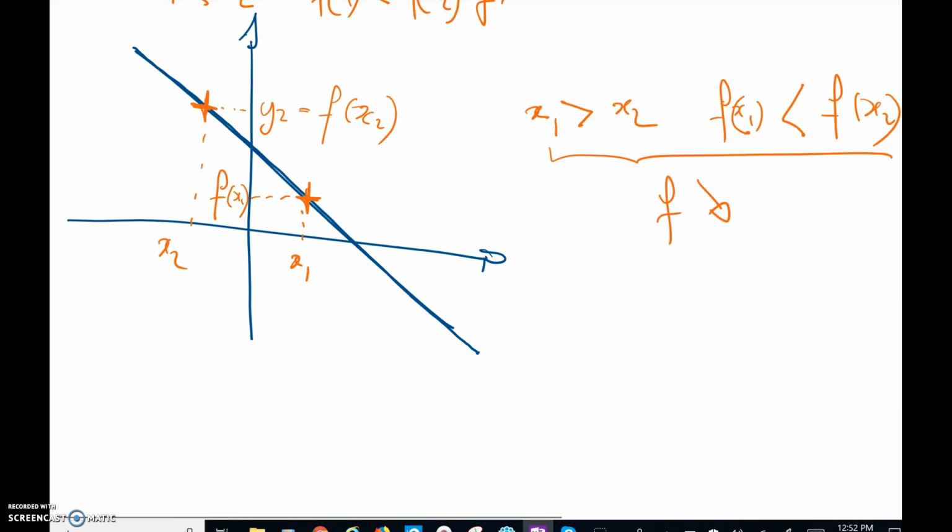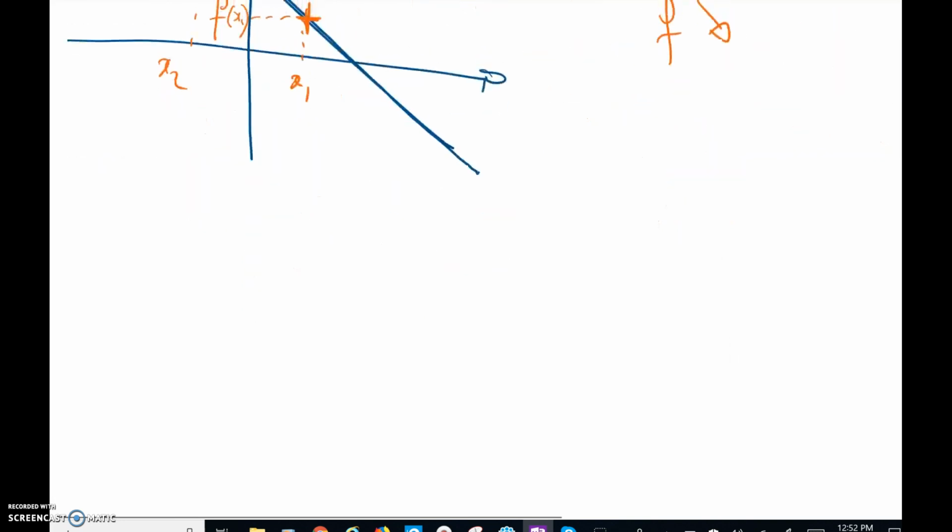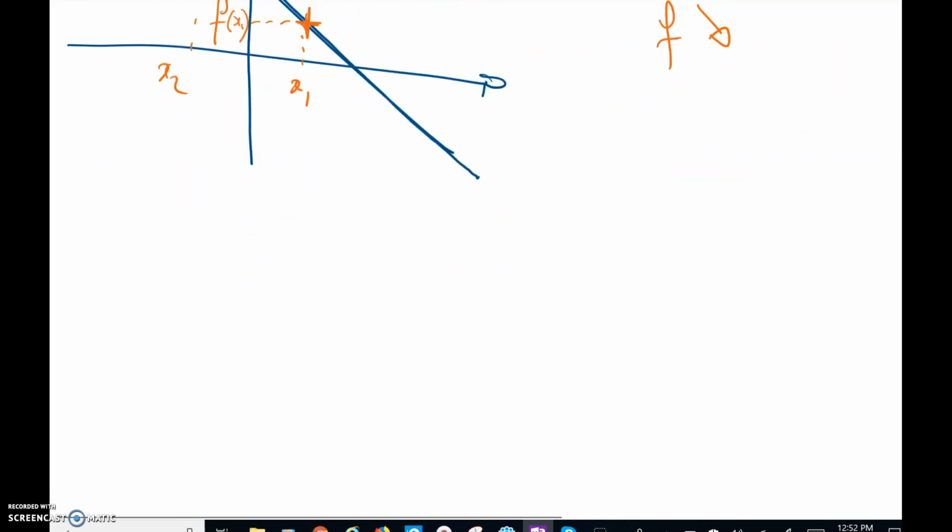So if you're asking me, on the lecture note 2.1 practice problem, where do I read where it is increasing or decreasing? Just looking at the graph, you can tell where it's decreasing and increasing. If you look at problem number 1, you are going to say the function f is decreasing on the interval [0, 3).